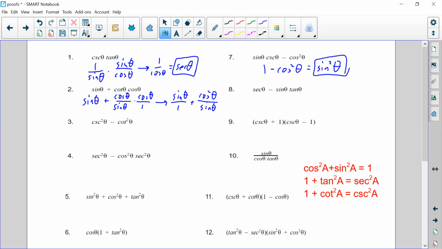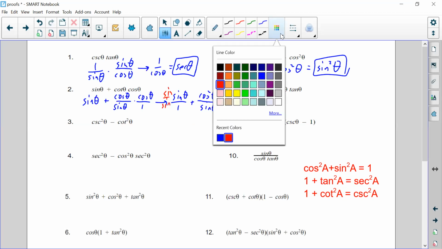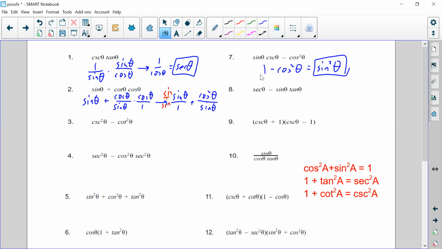I get a common denominator, so I have to multiply this by sine over sine. So that left fraction becomes sine squared over sine, and then I've got plus cosine squared over sine. That's sine squared plus cosine squared over sine, which is 1 over sine, which is cosecant. So number 2 would boil down to just cosecant.